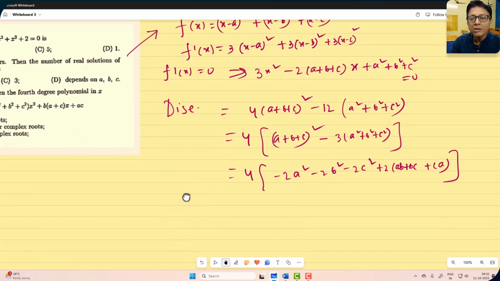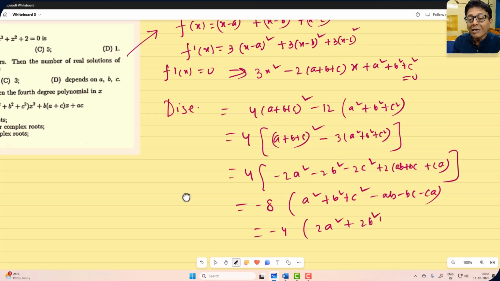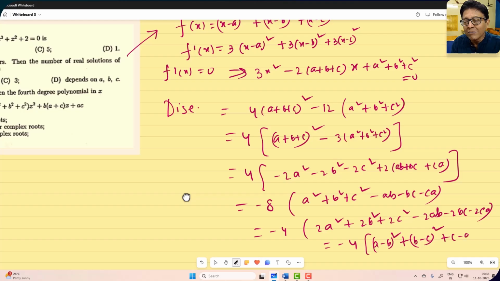Alright. So you take minus 2 outside, it is a square plus b square plus c square minus ab minus bc minus ca. You know this simple manipulation you might have done before. I am just showing you. Take 2 inside, 2ab, 2bc, 2ca. This is going to be of the form (a minus b) whole square, (b minus c) whole square, (c minus a) whole square.